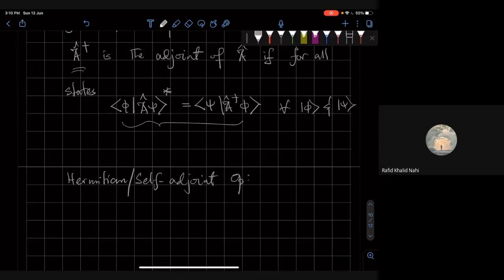In other words, if I take an operator and take its adjoint, A dagger, that should be the same thing as the operator itself for any psi and phi.